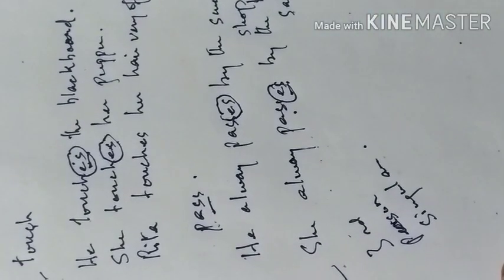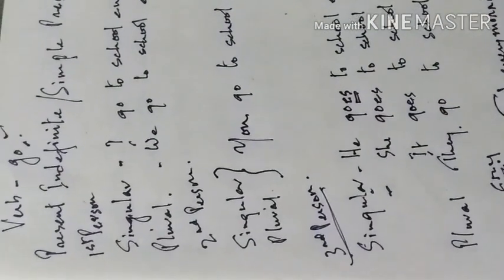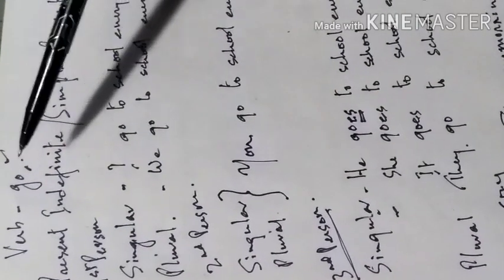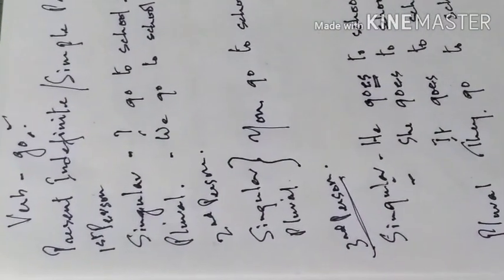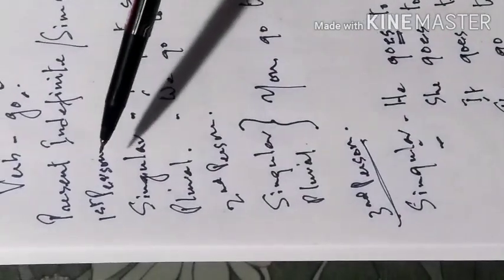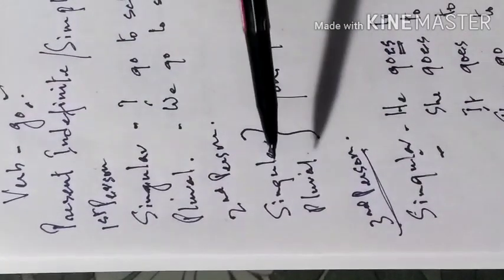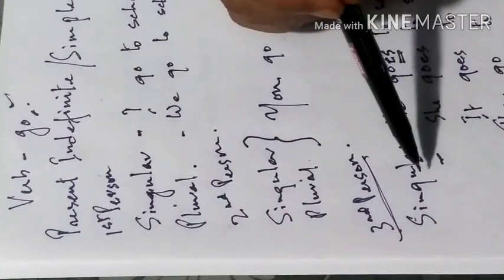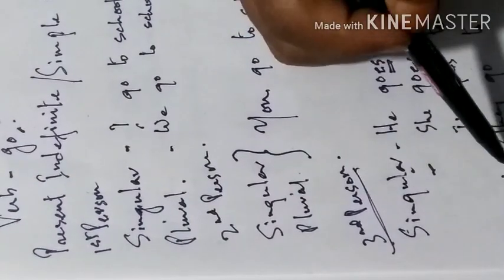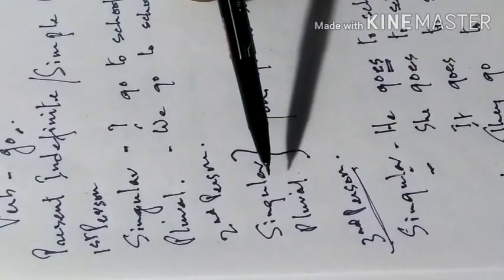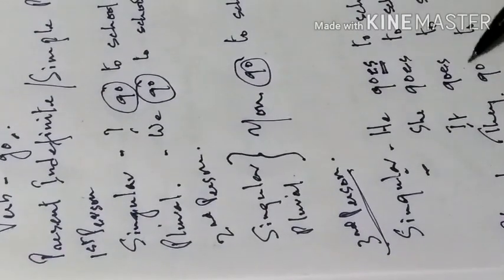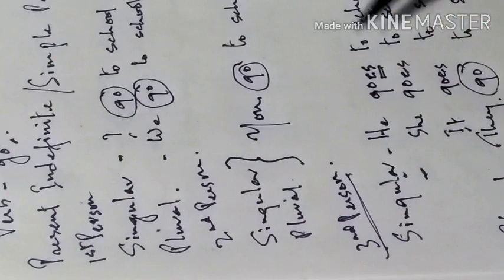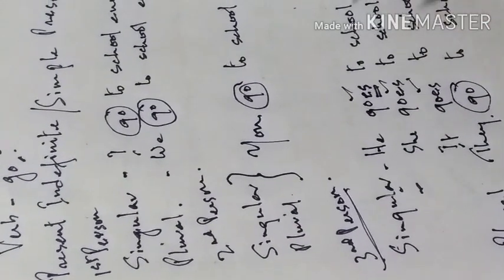So the rule of making sentences with verbs in the present indefinite or simple present is that in all the other persons, first person, second person and third person, except for the singular form of the third person, in the plural form of the third person, in the second person singular and plural, and the first person singular and plural, the verb will not undergo any change. Whereas in the third person singular, the verb must always undergo a change.